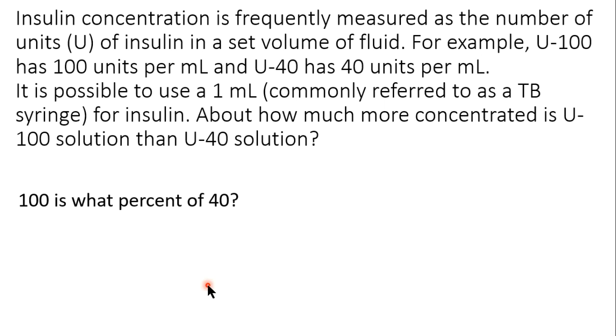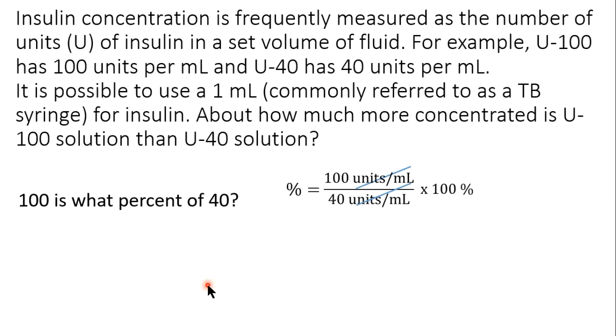So we want to know what percentage 100 is of 40. So we want to find the percentage. So 100 units per milliliter over 40 units per milliliter times 100, since it's in percentage.